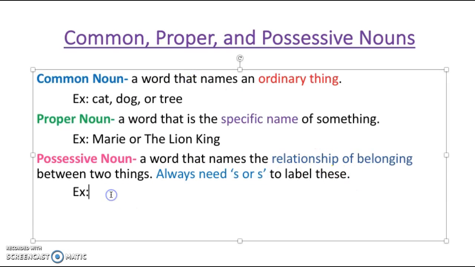So what I mean is, say you're talking about Marie's ball. Instead of just saying Marie ball, you're going to need apostrophe S to make it known that it is Marie's. So Marie's ball. Or you can even say, the dog's bone.